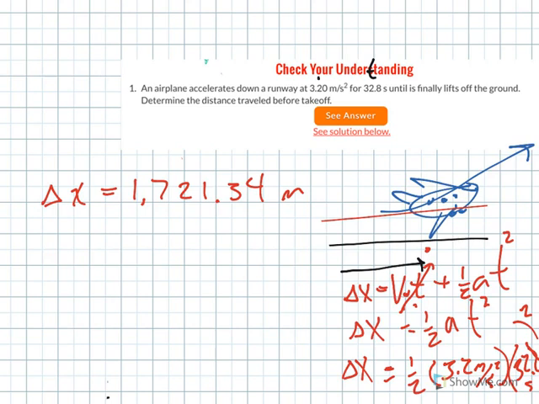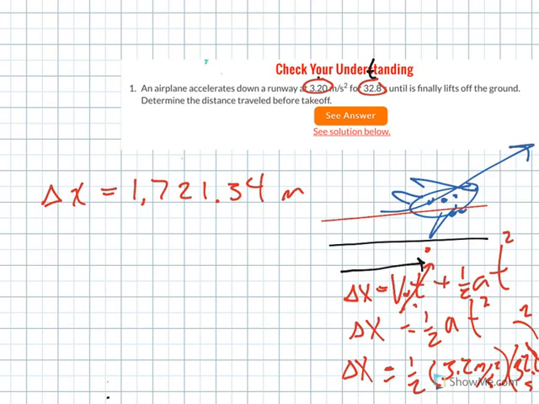Remember, there is a need to keep the number of significant figures consistent. Look at the way the numbers are represented in this problem. This has 3 significant figures, and this has 3 significant figures. So your answer should have 3 significant figures.